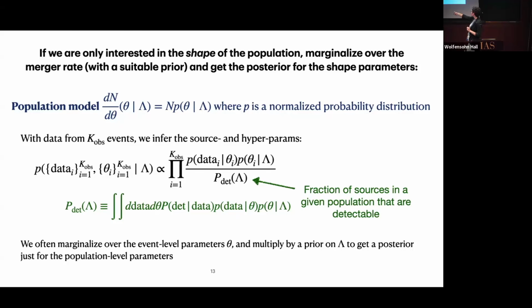And what this ends up doing is, for a lambda that would yield a higher number of observations, you downweight those, because you know that you just see more high mass events, not because they're more common in the population, but because they're easier to detect. So you downweight populations which will give you more high mass events because you know that that's your selection effect. So that's what this term ends up doing.